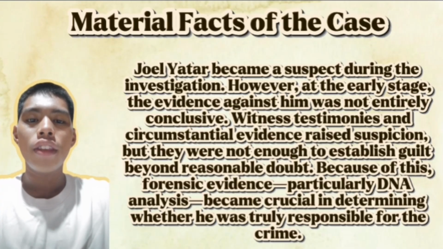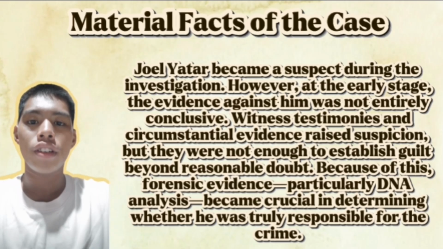However, at the early stage, the evidence against him was not entirely conclusive. Witness testimonies and circumstantial evidence raised suspicion, but they were not enough to establish guilt beyond reasonable doubt.